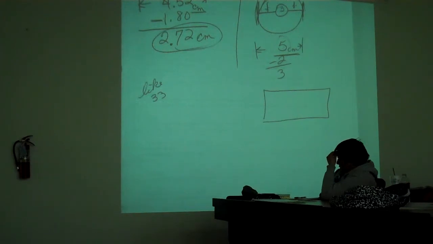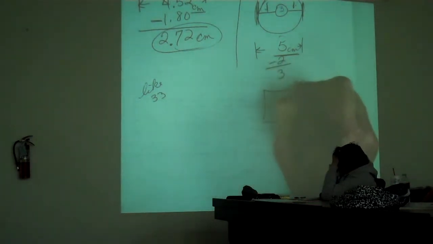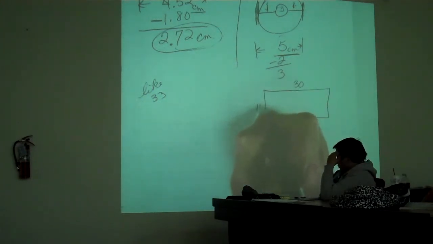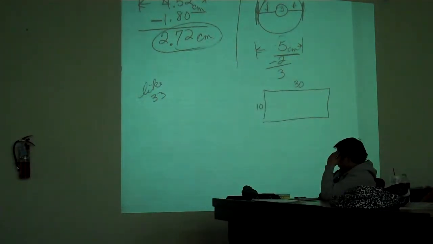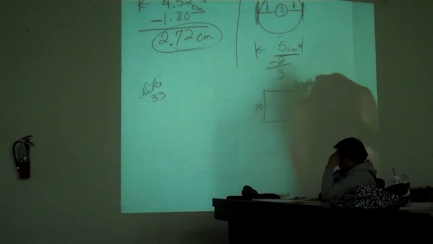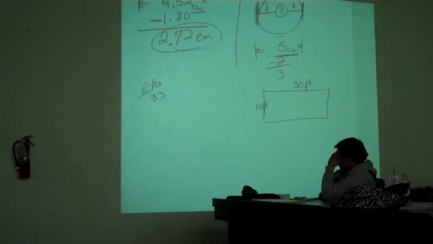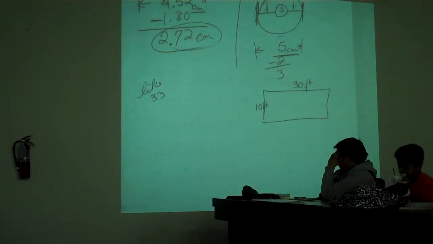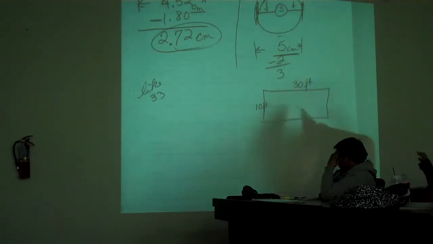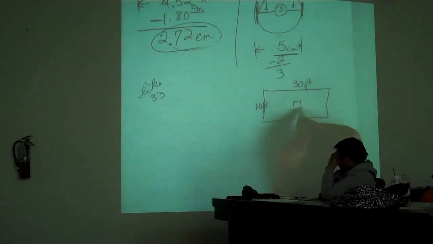Okay, there's a rectangular yard, and let's say this yard is 30 by 10. And let's put feet. That's a common number there. Let's say this was your front yard. And then you have a square inside of it.